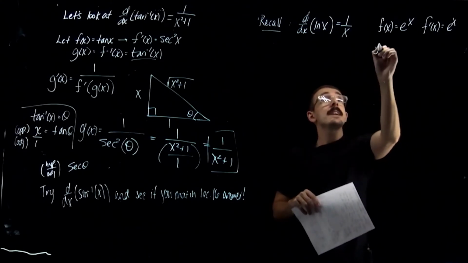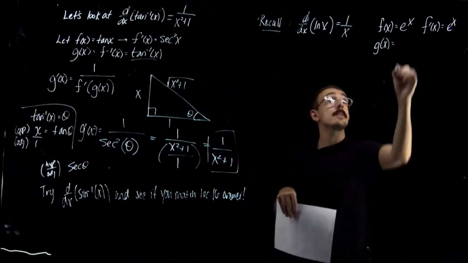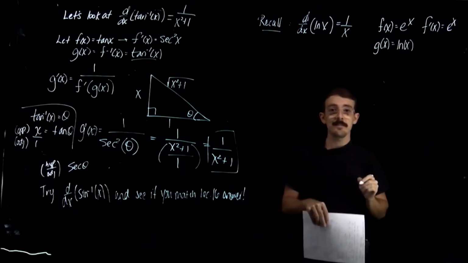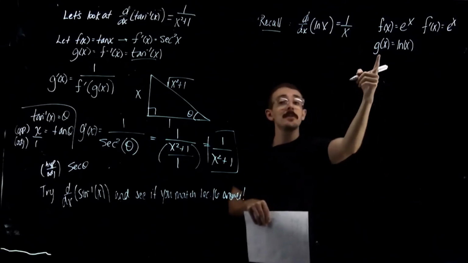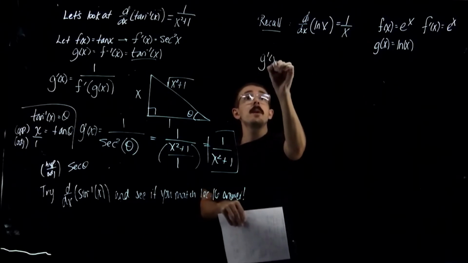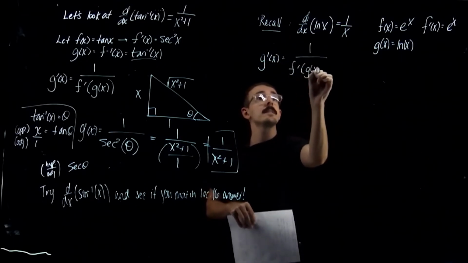Then what is the inverse function of e to the x? We know that from our beginning material to be log of x. OK, so let's prove what the derivative of the inverse is going to be. So g prime of x is 1 over f prime of g of x.